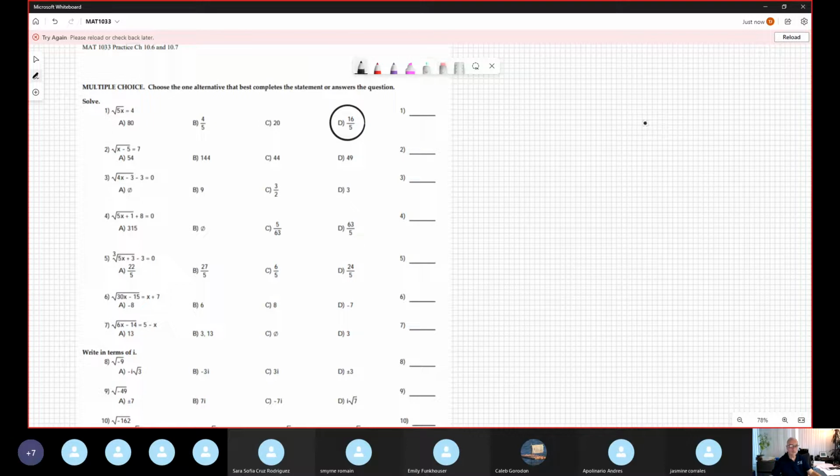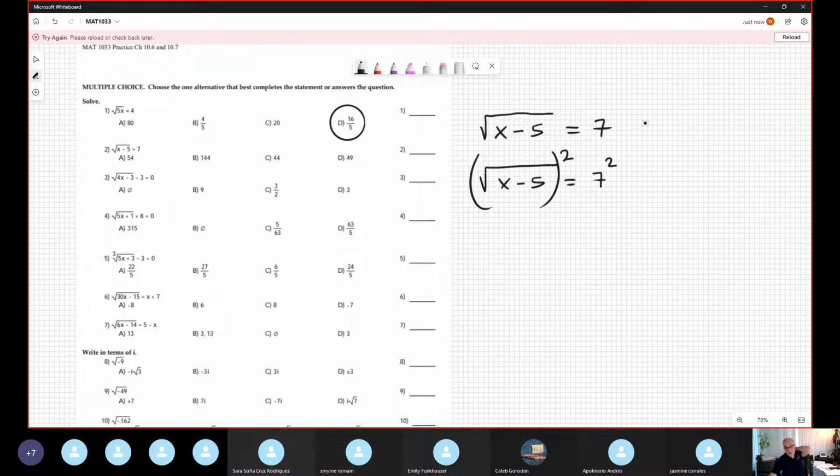Next is square root of x minus 5 equals 7. I copy again. Don't forget this step because I don't touch the original, waiting for the moment of checking. And the perfect way to eliminate the radical is to square, using the same power as the index of the radical.